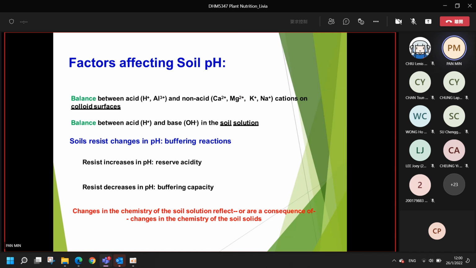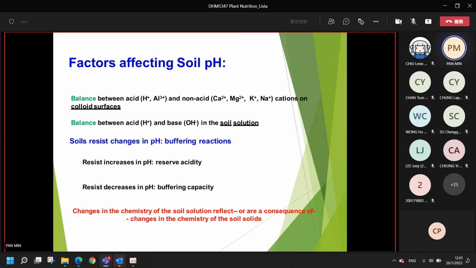It can affect the availability of the nutrients, the 14 different nutrient ions in the soil solution. The soil can resist the change in pH through buffering reactions.